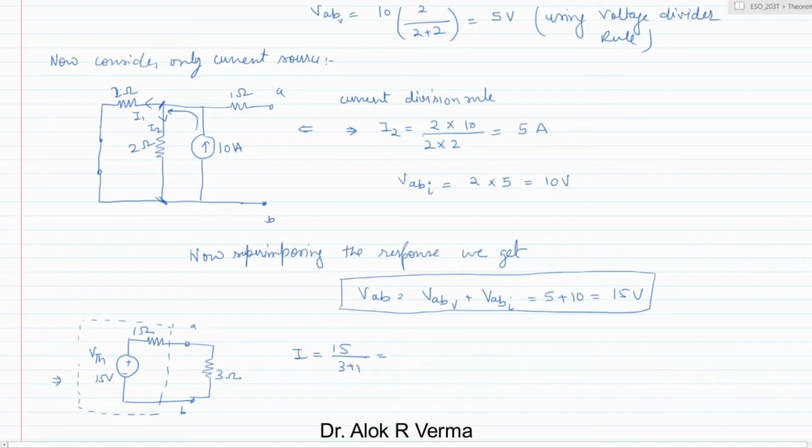Sorry, RTH is 2 ohm. So the current is nothing but 15 by 3 plus 2, which is 15 by 5, 3 ampere.